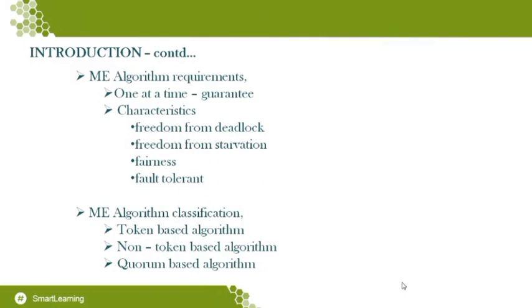Such algorithms are grouped under non token based algorithms. There is another class of algorithms wherein you don't have to send messages to all the n sites involved. You send messages only to a subset of the n sites that are available. Such algorithms are called quorum based algorithms.